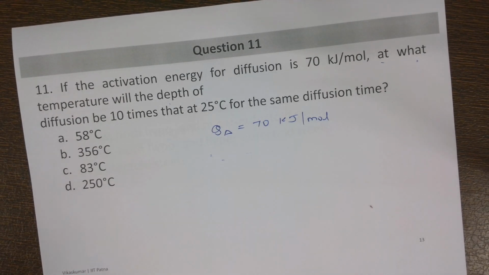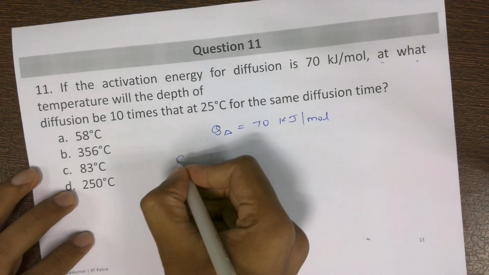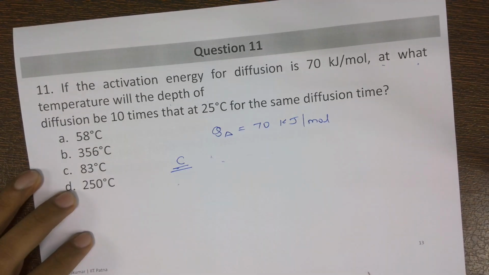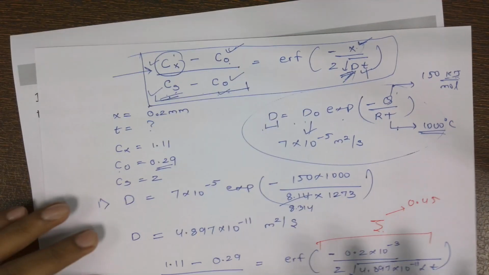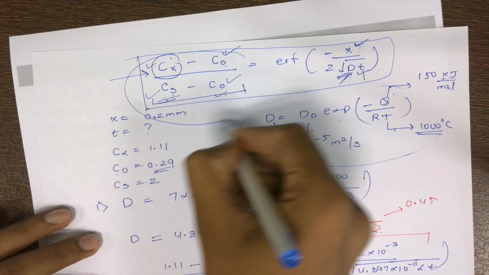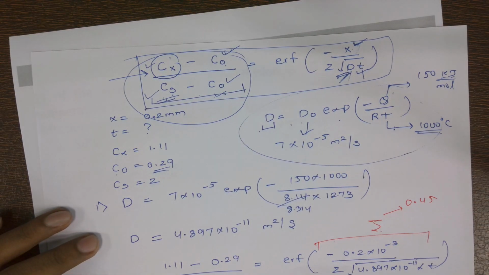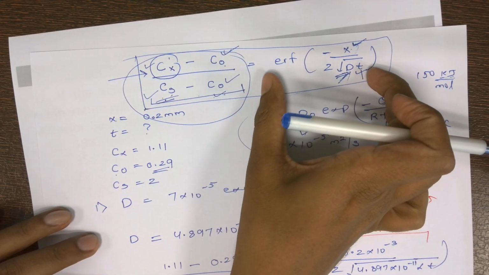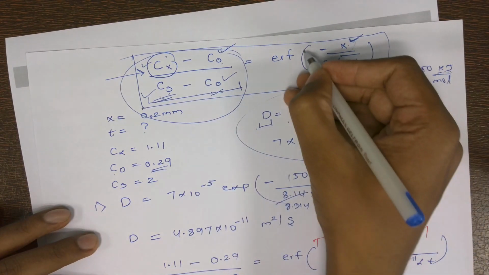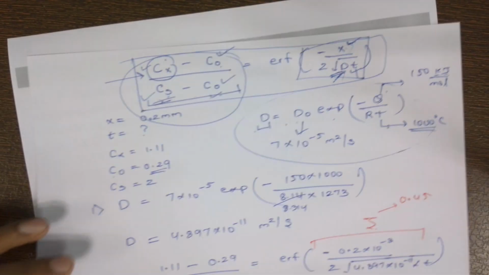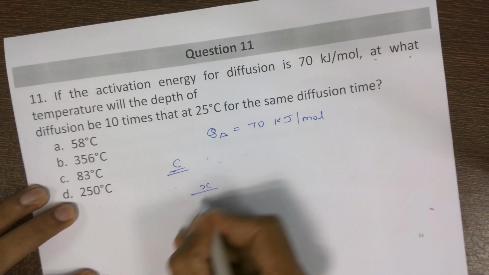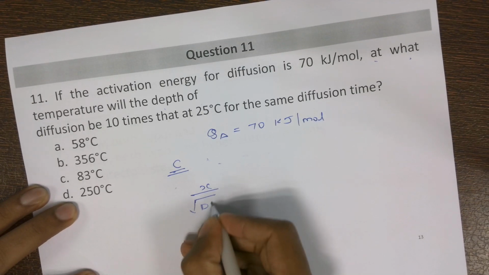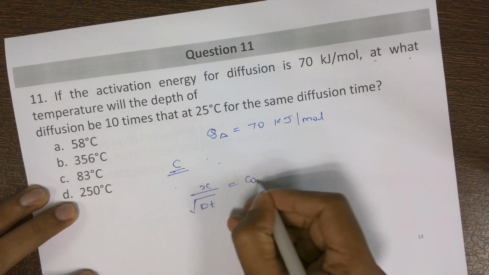See, in this type of question, they are not discussing the concentrations. So the left side of the equation which we wrote has not been discussed. It means that it's a constant in both the cases. It means that x upon 2 root Dt is a constant. So in both the cases, x upon root Dt is constant.